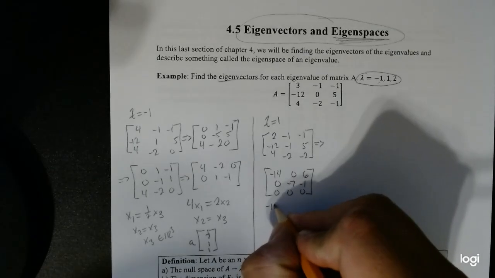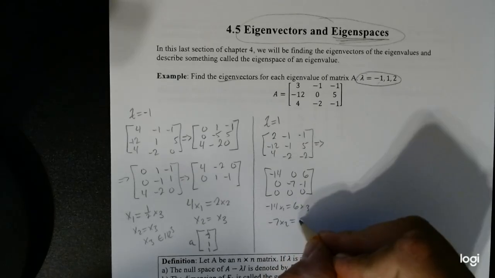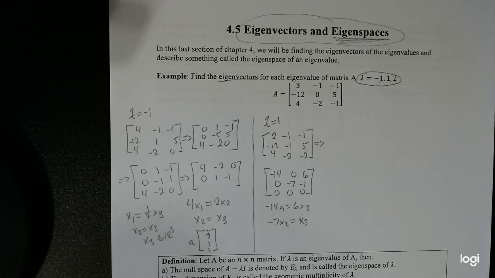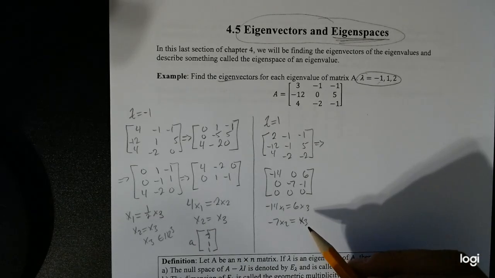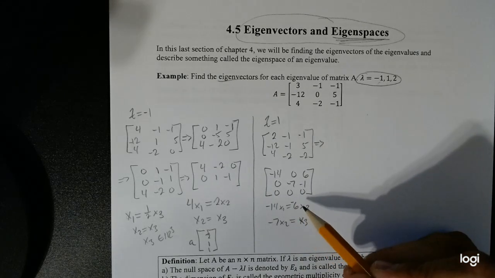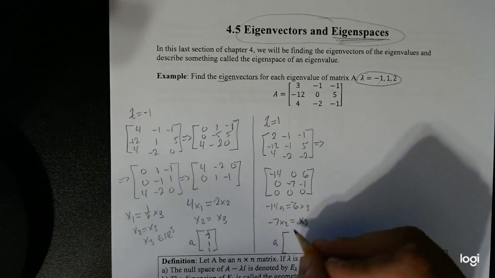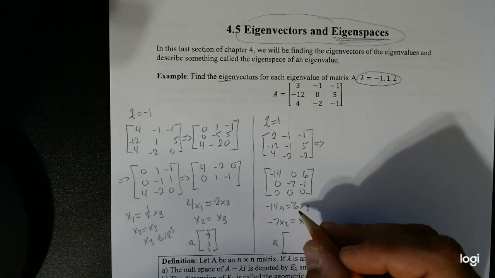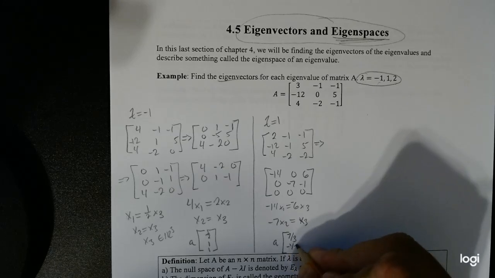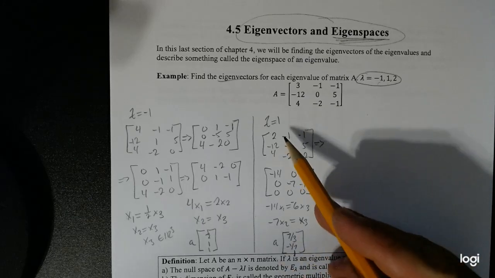This gives me -14x1 equals 6x3, and -7x2 equals x3. So you'll notice the same process happens. They're all associated with x3. So some arbitrary value a, which represents x3, times 7/3, then -1/7, and then 1 represents the x3. So there's my eigenvector for this situation.